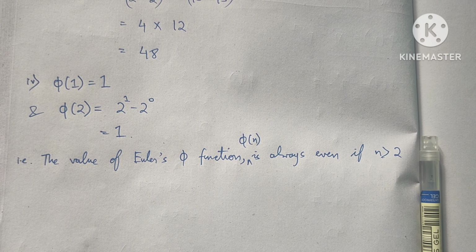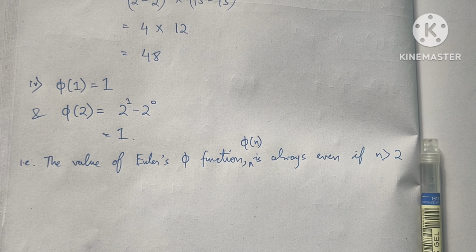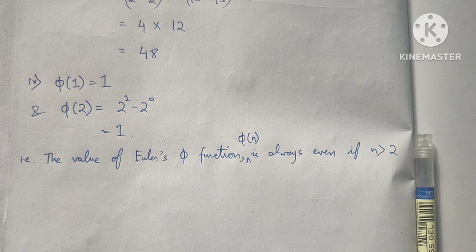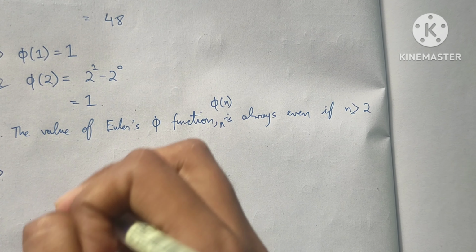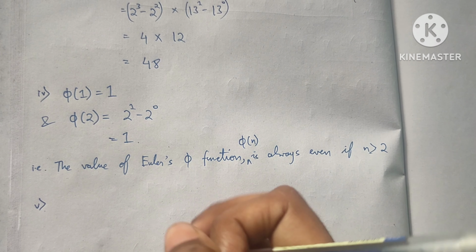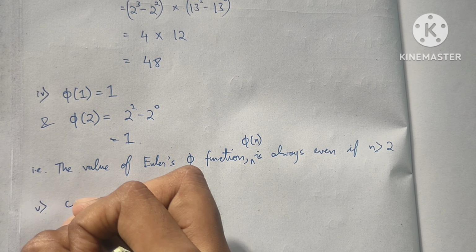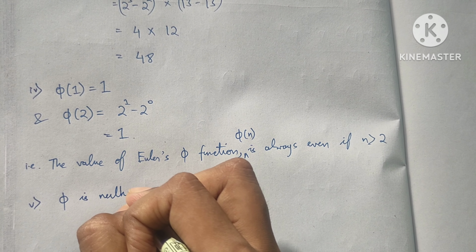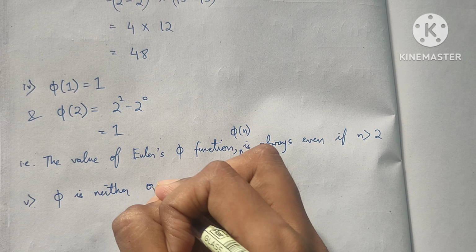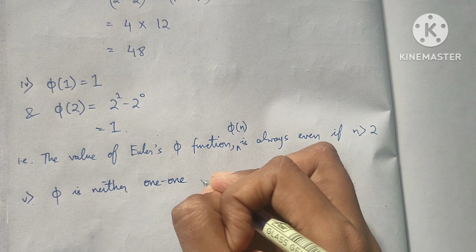There is also another property which I would like to touch upon, and we will study about these in further classes. Just remember this: phi is neither one-one nor onto.